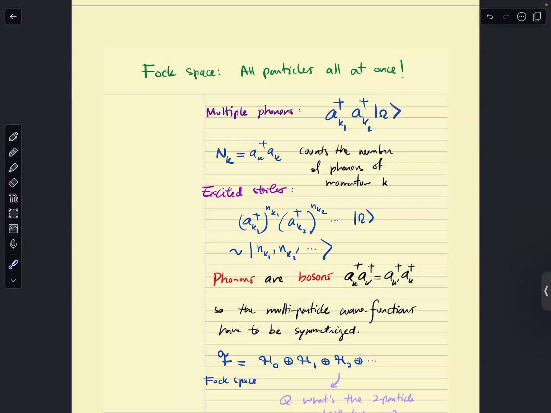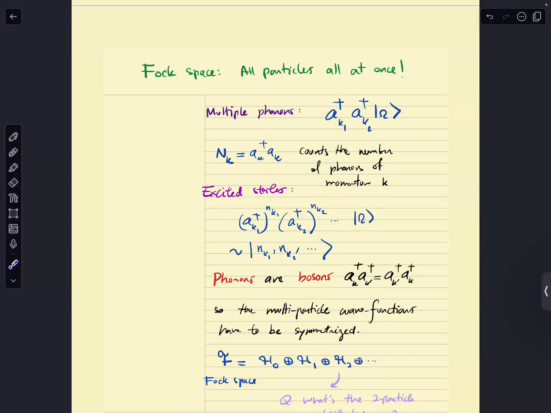I can have an n particle state. I can create n_k1 particles of k1, n_k2 particles of k2, and so on and so forth. A good notation for it is to write it in terms of the eigenstates of the number operator, which counts the number of phonons of momentum k.